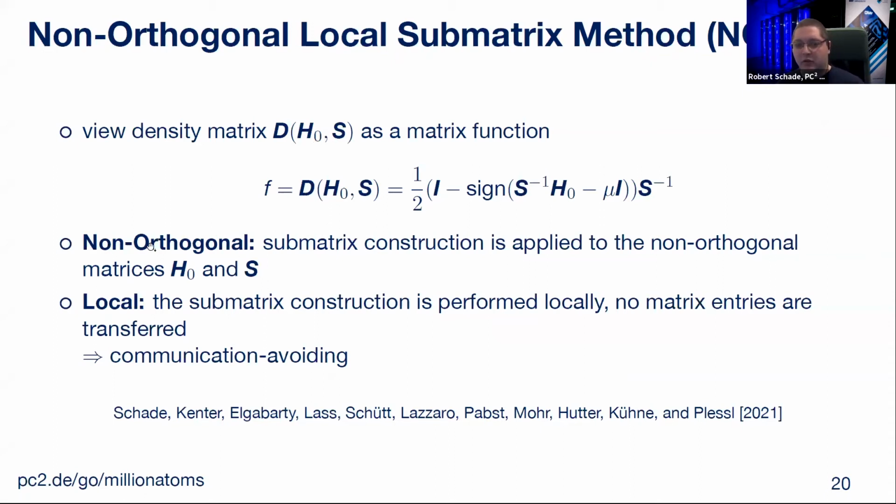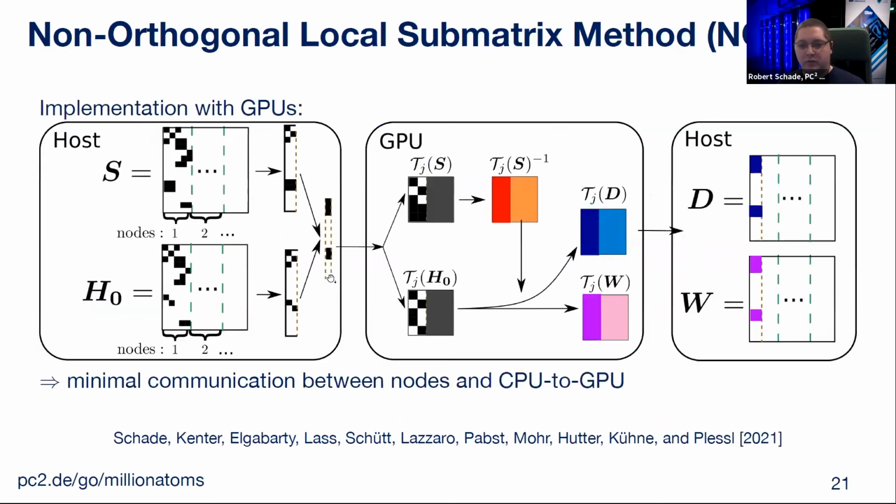That makes it basically non-orthogonal, that's why we call it a non-orthogonal submatrix method, because it acts on the non-orthogonalized matrices H0 and S directly. We call it local because the submatrix construction is performed locally on the GPUs, and we don't have to transfer any matrix elements between host and GPU.